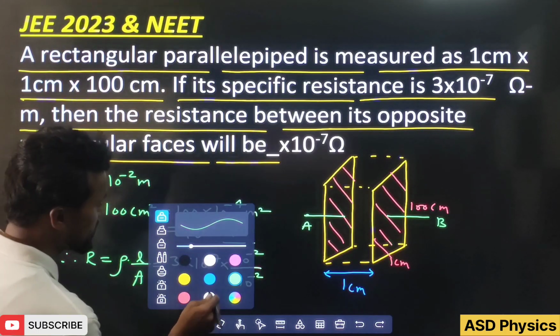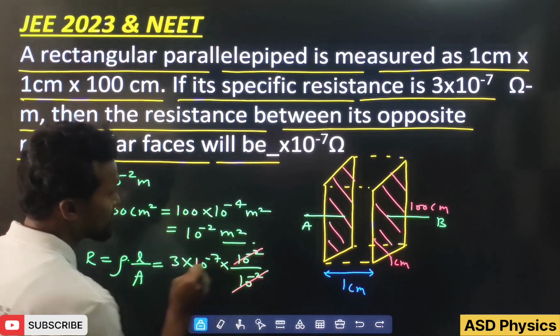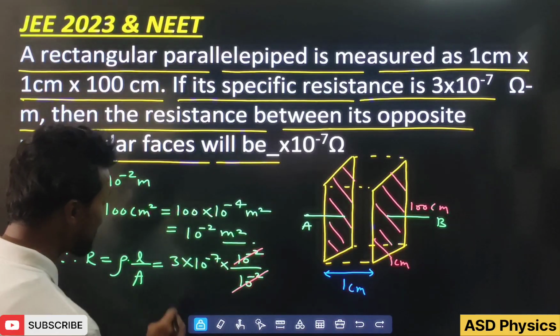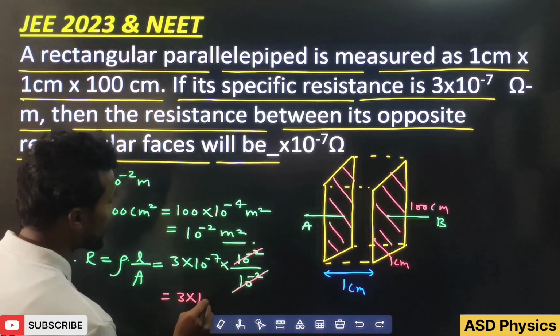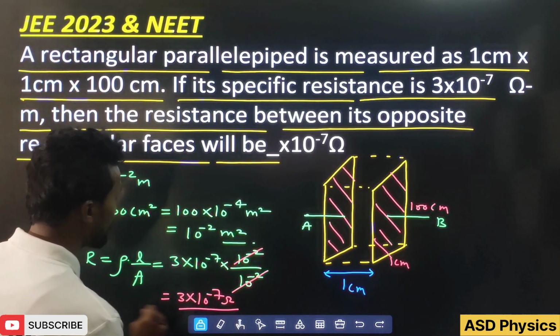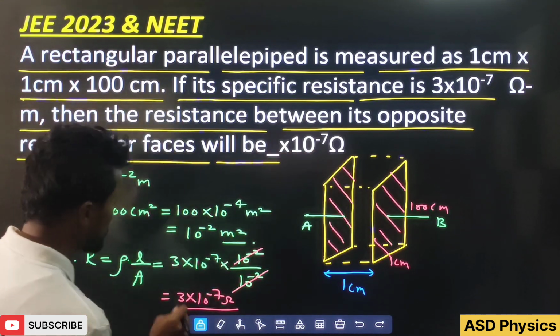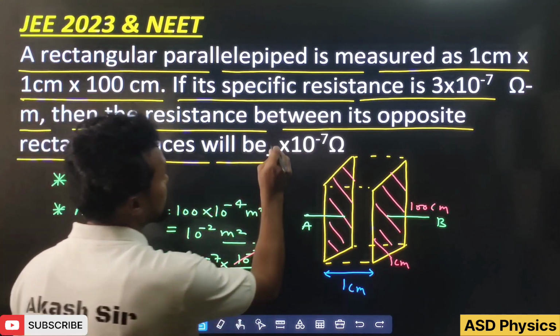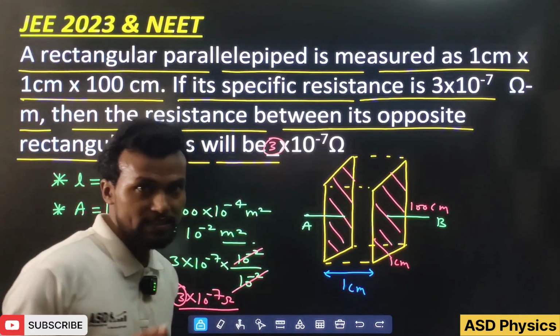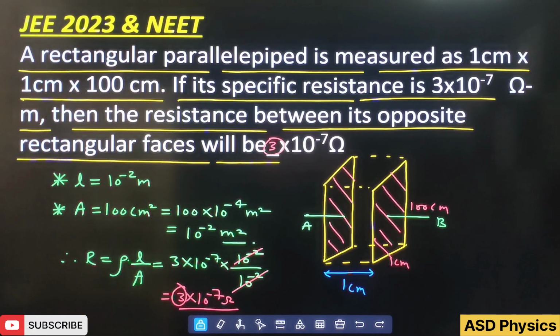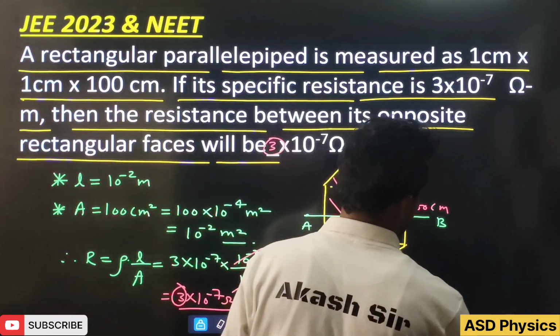So you can see very well, this one and this one are going to cancel. That means it is 3 into 10 power minus 7 ohm. Now we have to fill the data here, this is the 3, so we fill 3. Kindly see very well, we have to see the area of cross section rectangular, and based upon that only we have to decide.